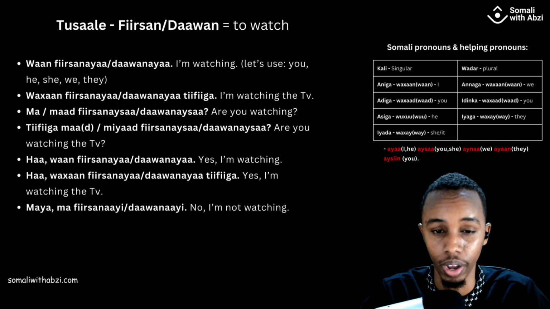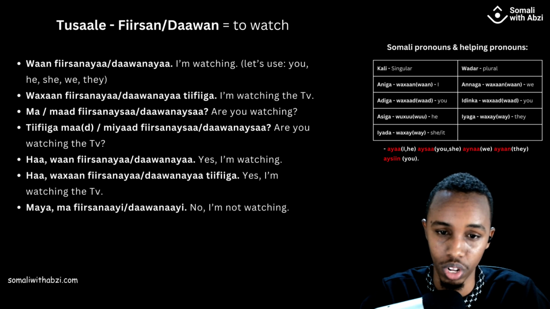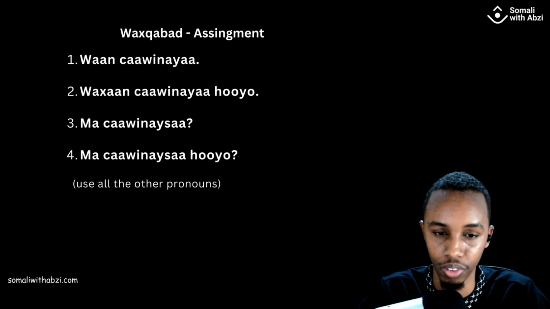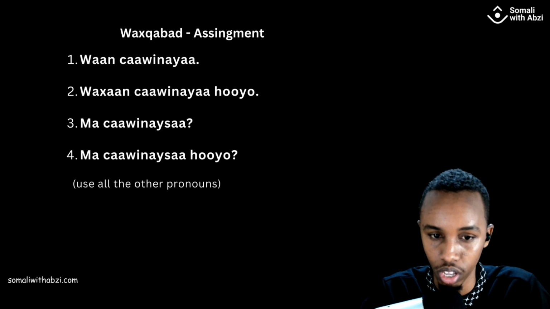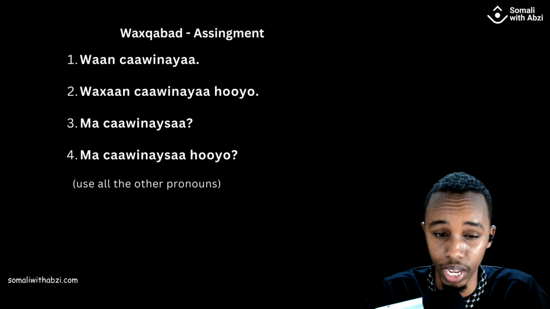Very good, mashallah. Now we are in the last section of our class, which is waxqabad, assignment. So now you learned the most useful thing in Somali, which is the present progressive. So we just learned 3 verbs, I mean, 4 verbs. And then this is your exercise to do for today. Number 1 is waan caawinayaa. Number 2 is waxaan caawinayaa hooyo. Number 3, ma caawinaysaa.